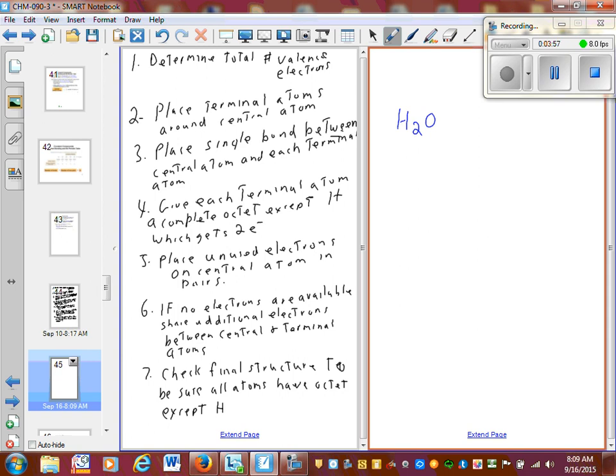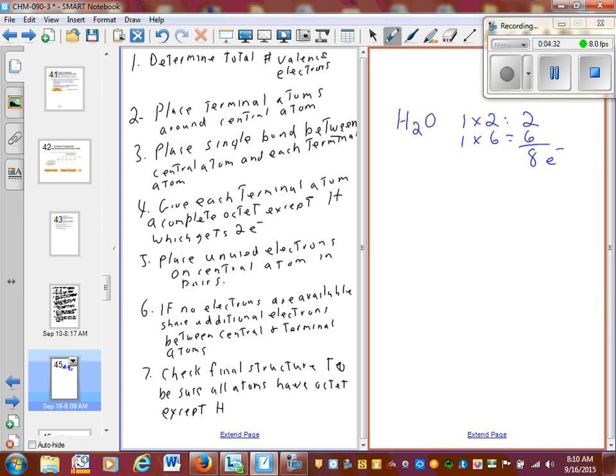How many hydrogens do we have? 2. So 1 valence electron times 2 hydrogens, so we got 2 from the hydrogen. We have 1 oxygen. How many valence electrons does oxygen have? 2. No. What column is oxygen in? I'm talking about valence electrons. 6. It's in column 6A. So it's 6 valence electrons for a total of 8. That's how many electrons we have to work with.